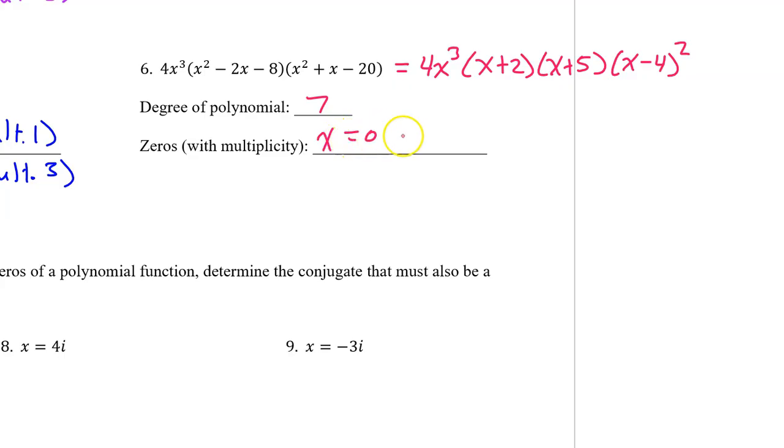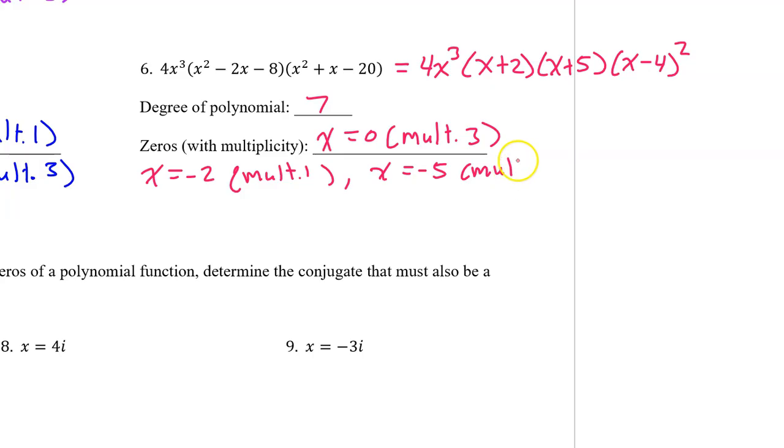So we have x equals 0, and that's multiplicity of 3. And then we have x equals negative 2 with a multiplicity of 1. And then we have x equals negative 5 with a multiplicity of 1. And finally, we have x equals 4 with a multiplicity of 2.